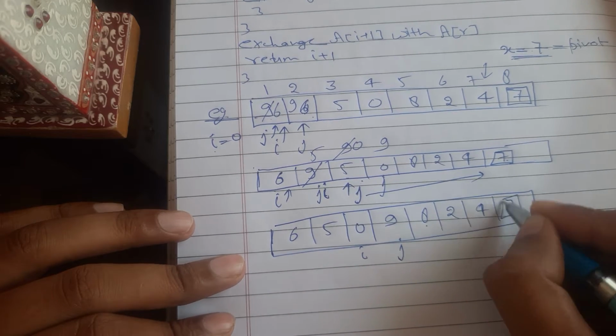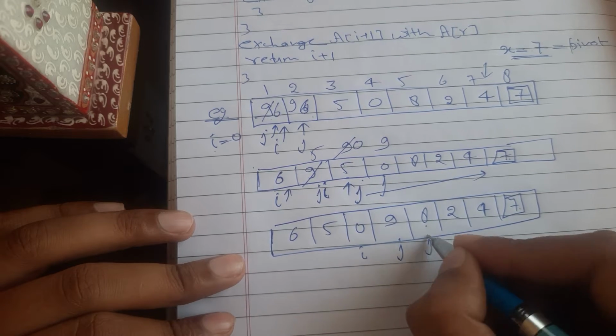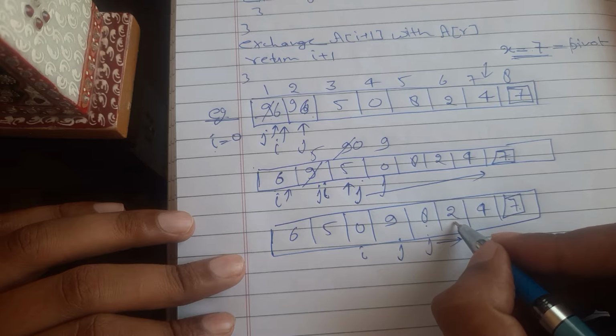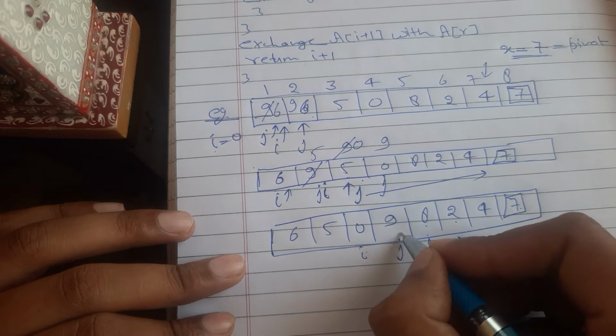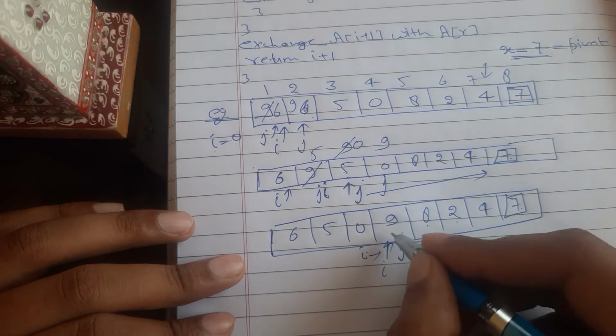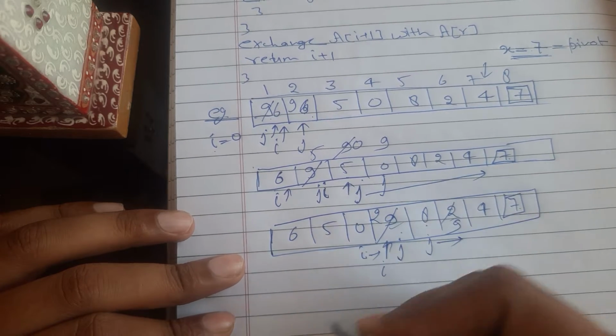Is A of j greater than 7? No, then increment j. A of j is less than 7, then we increment i, i is pointing here, and swap i with A of j, to 9.